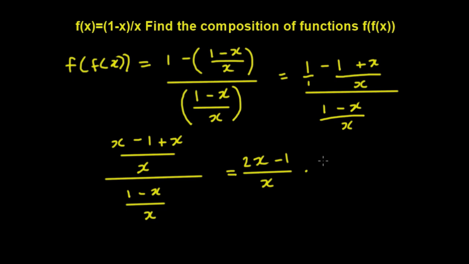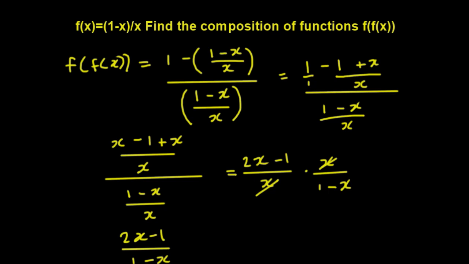So that's the same as saying times x upon 1 minus x. So now we can see here that x is going to cancel with the x here, and we're going to be left with our 2x minus 1 all upon 1 minus x.